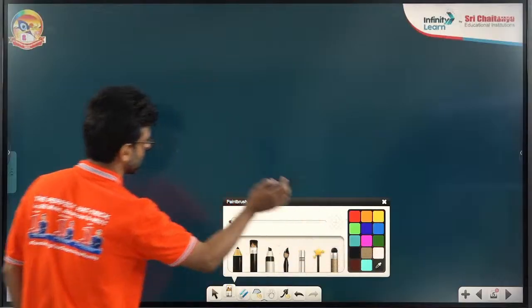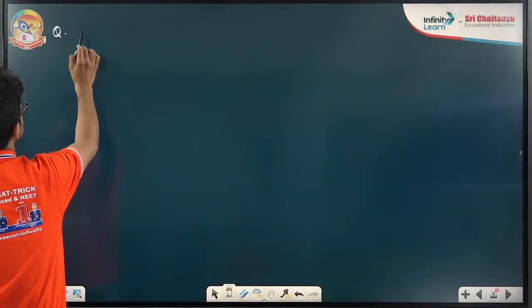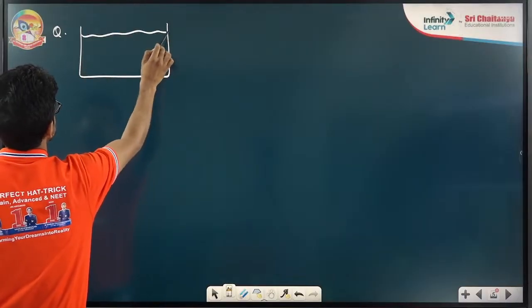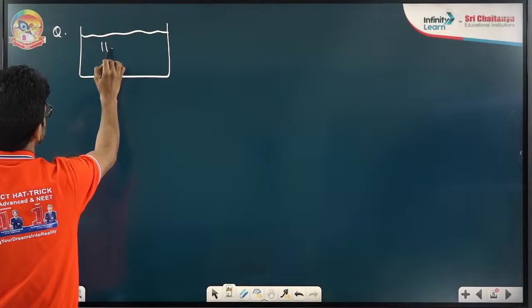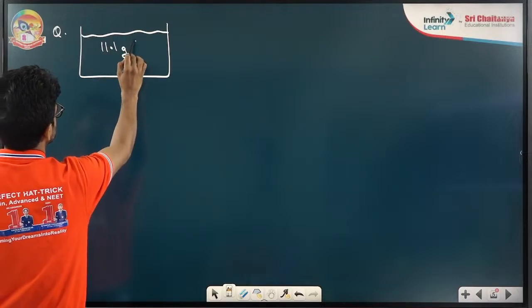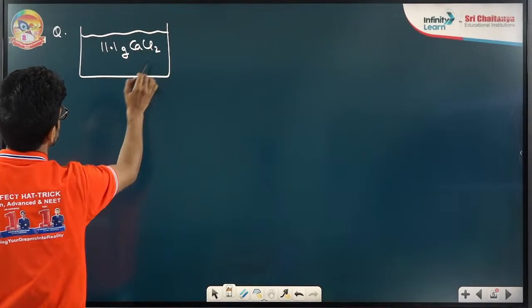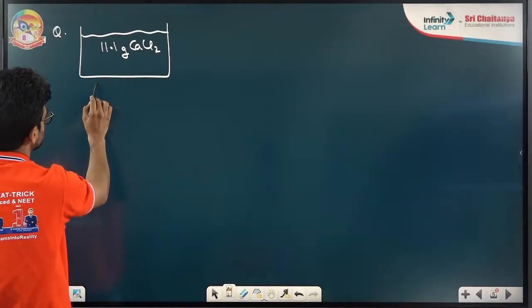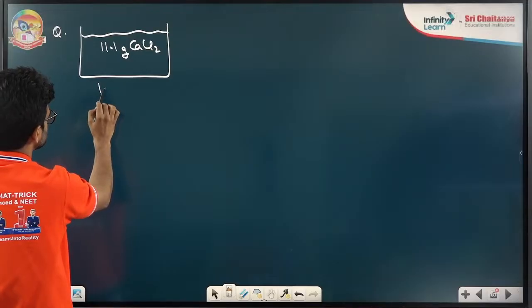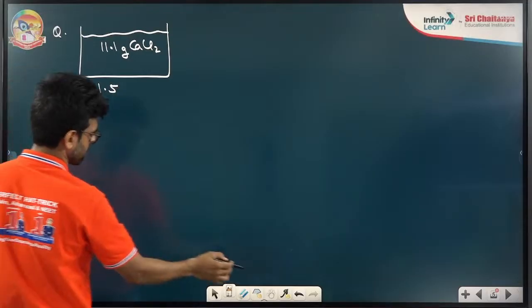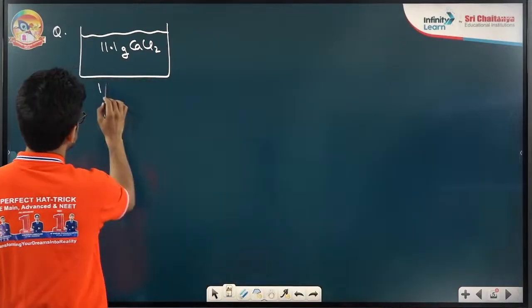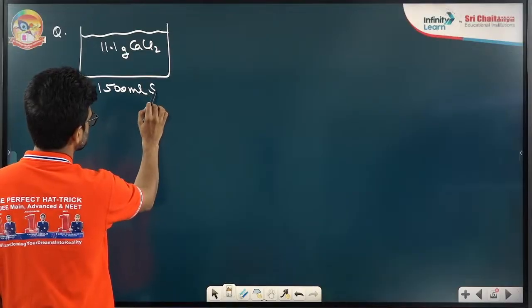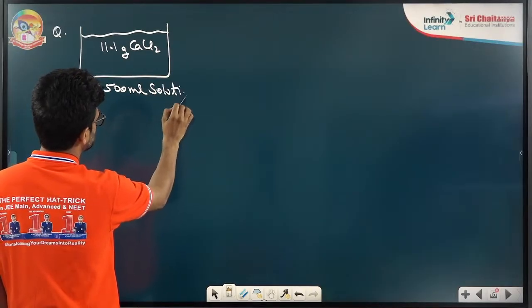The next one. Imagine we have a solution here. This solution has 11.1 gram of CaCl2, and this is 1.5 liter, or I'm saying it is a 1500 ml solution, right?